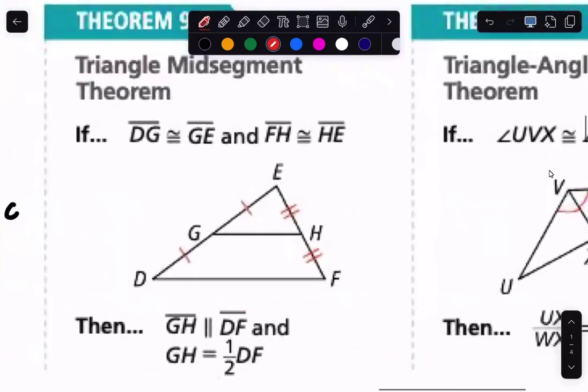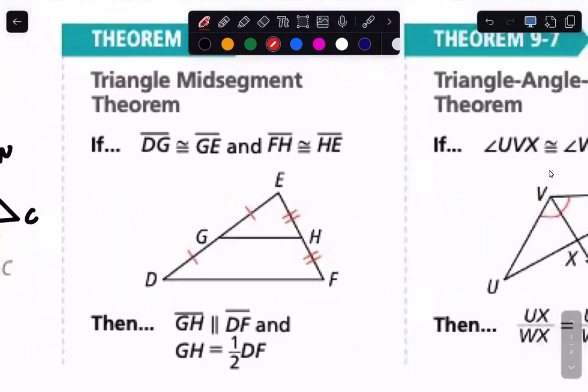The triangle mid-segment theorem is that if the side lengths are proportional, so DG is proportional to GE, and then FH and EH are actually congruent. Turns out that these base sides of the two separate triangles are congruent. And the relationship between this segment and this segment is that it's actually half of the larger segment.